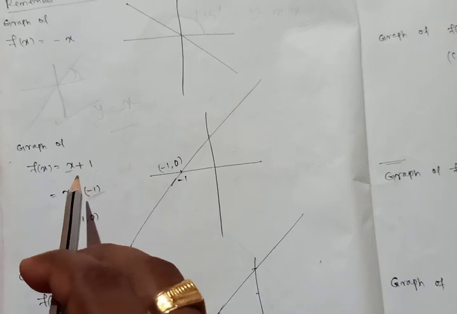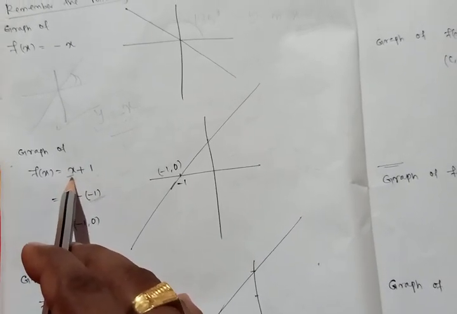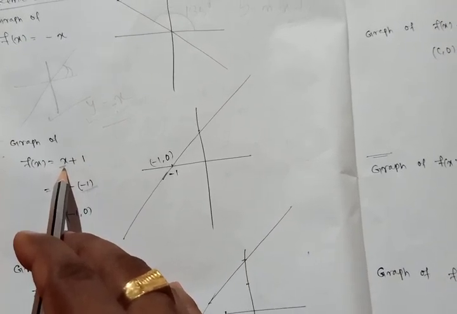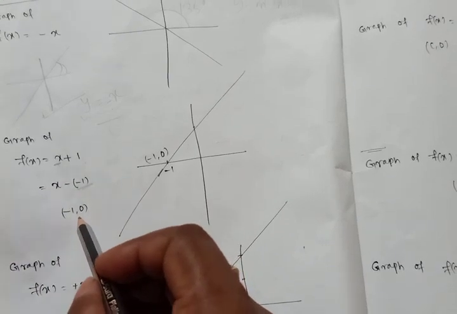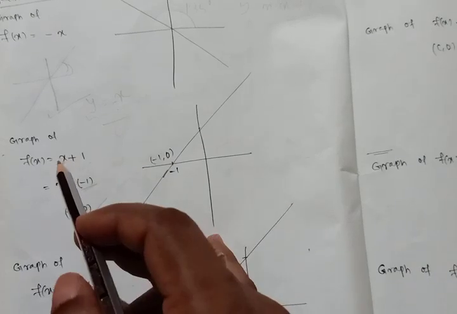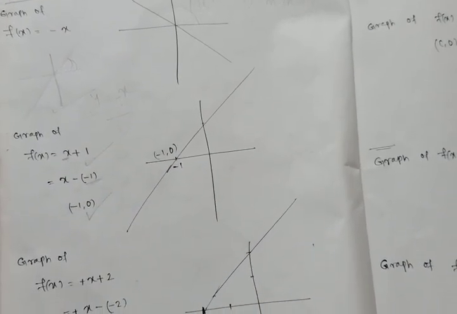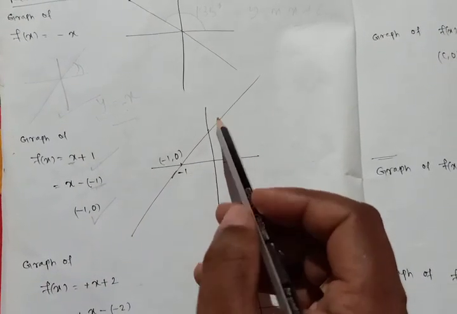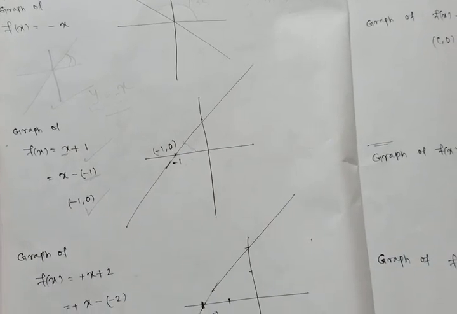Since it has slope 1, the straight line has inclination 45 degrees with the x-axis, and it is passing through the point (something, 0), that is (minus 1, 0). That's why this is the graph of f(x) equals x plus 1. Okay. It is passing through (minus 1, 0) and makes an angle of 45 degrees with the x-axis because it has slope 1.